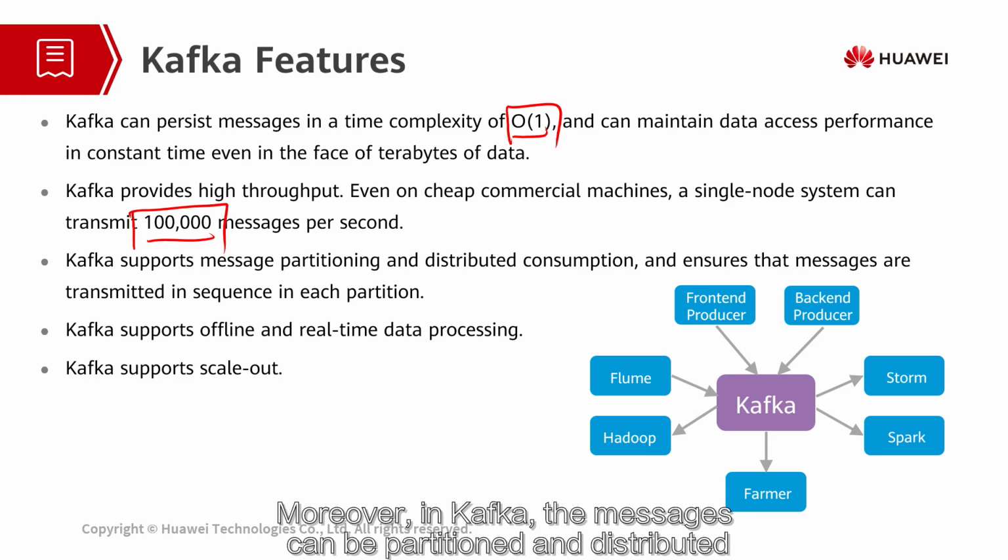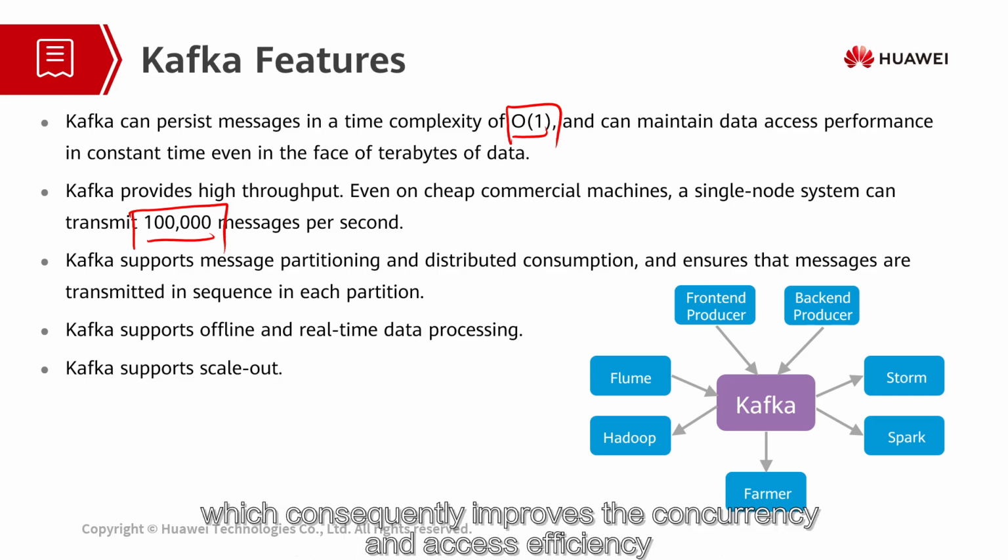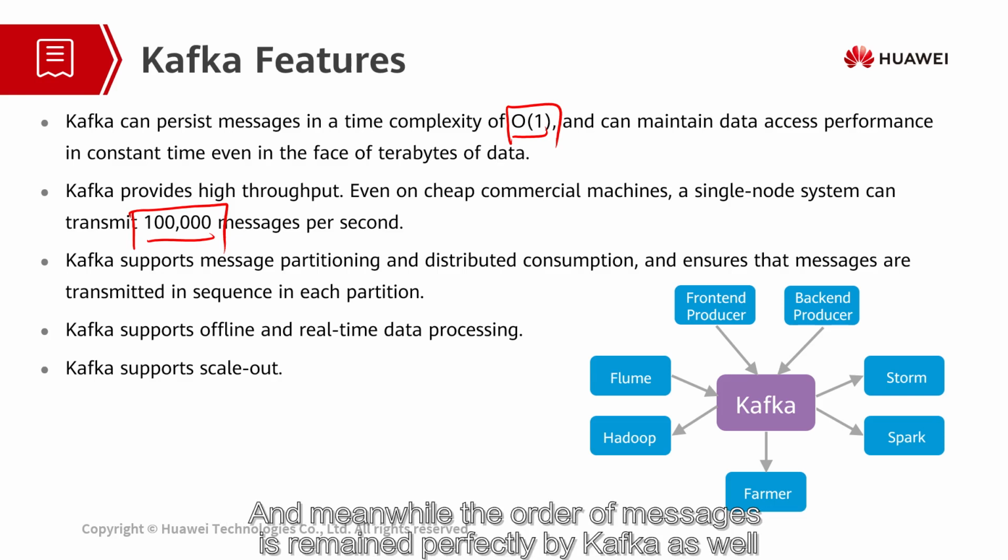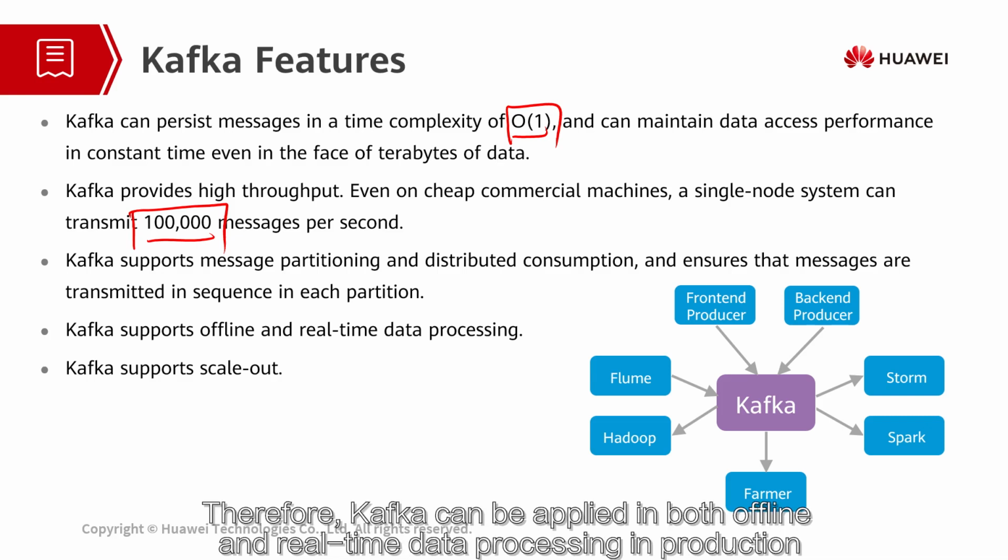Moreover, in Kafka, the messages can be partitioned and distributed, which consequently improves the concurrency and access efficiency. And meanwhile, the order of messages is remained perfectly by Kafka as well. Therefore, Kafka can be applied in both offline and real-time data processing in production.